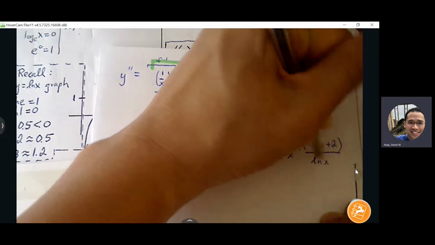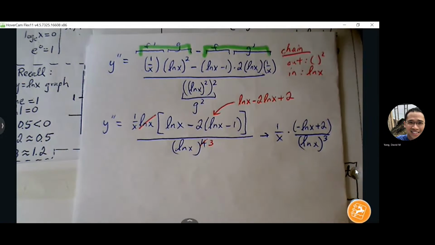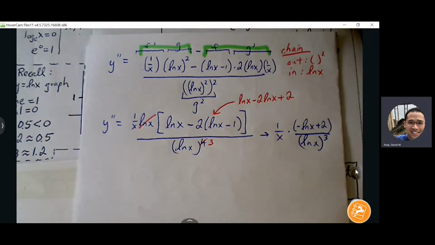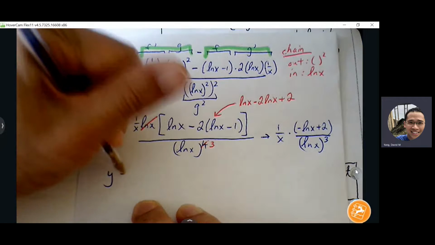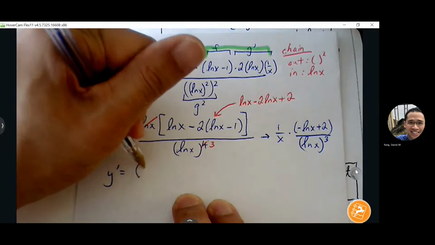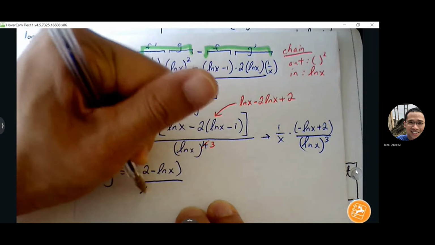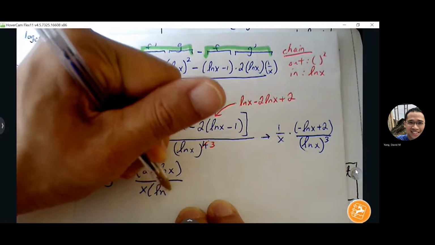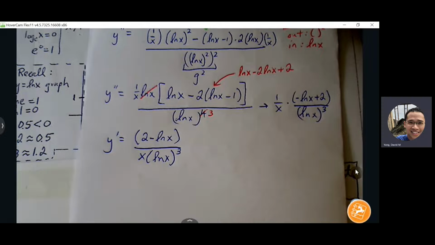Over natural log of x quantity cubed. All right, I'm going to rearrange it, but essentially I can just push it into one fraction, and that's relatively clean. Second derivative that we can look for critical values, right?